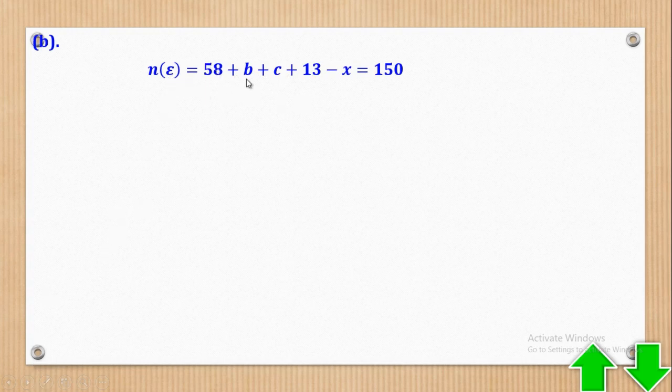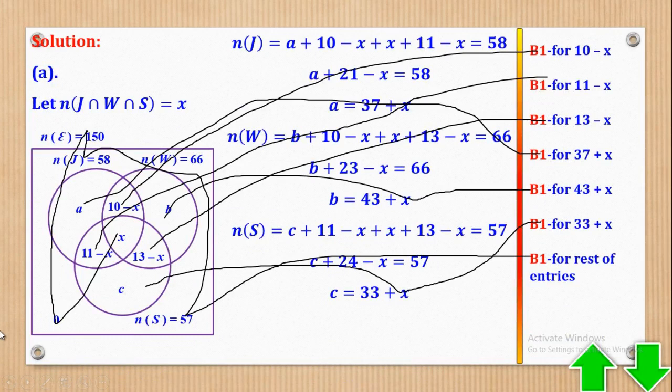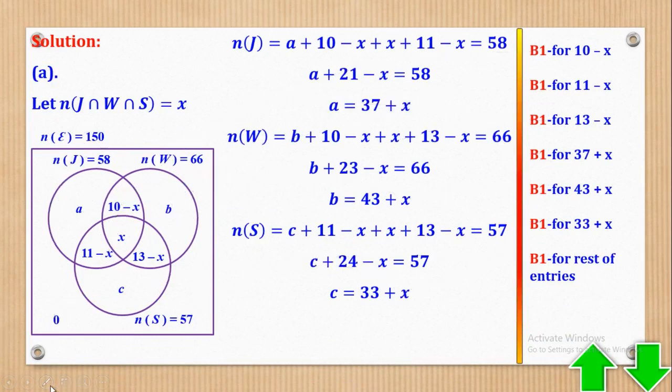So where are these values coming from? This 150 is for all these values inside. The good thing is we know that the whole of these values add up to 58. So the remaining will be b plus this plus this plus 0.